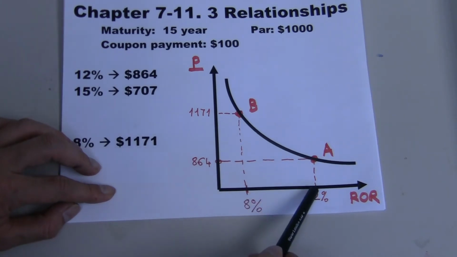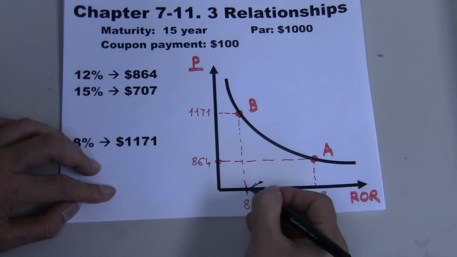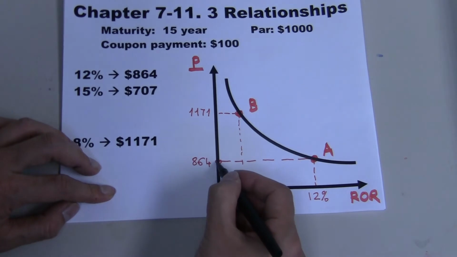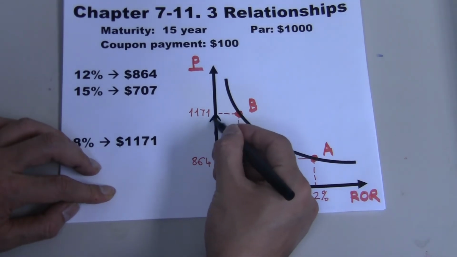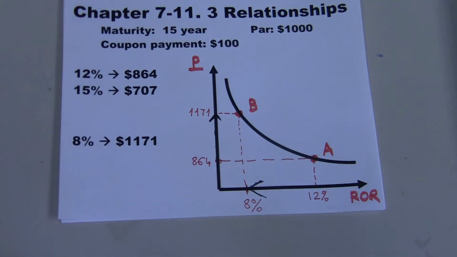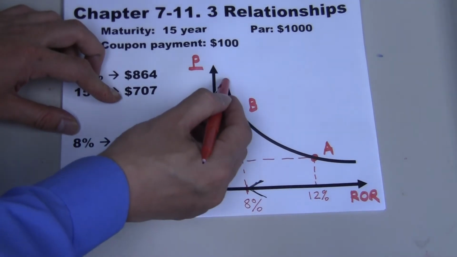If the required rate of return drops from 12% to say 8%, you can see that the price of the bond jumped from 864 up to 1,171. So it means there is an inverse relation between the price of the bond and the ROR, required rate of return. That inverse relation is shown by that curve right here.